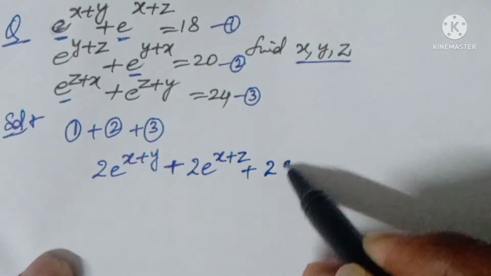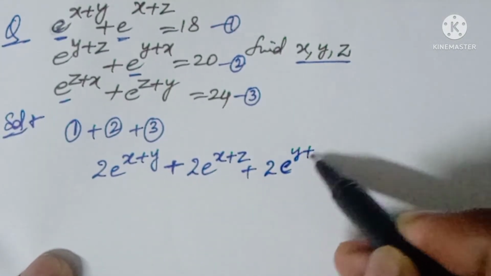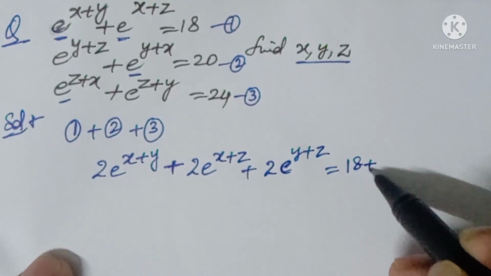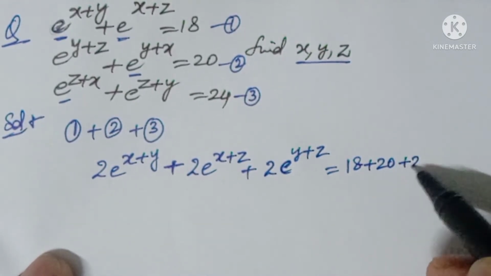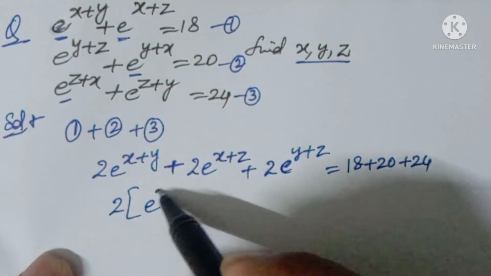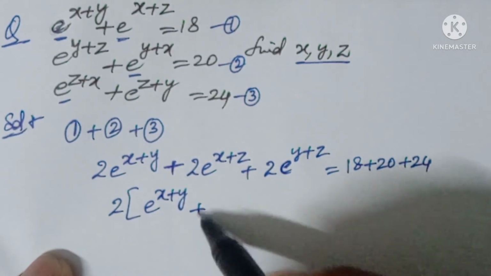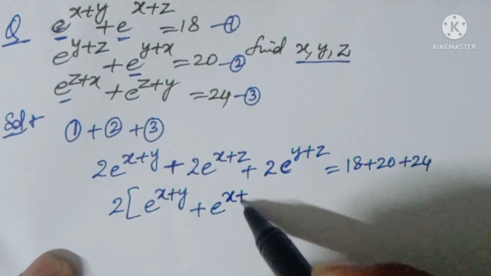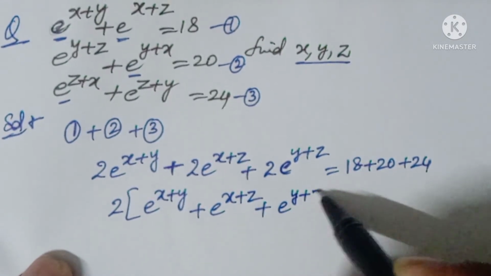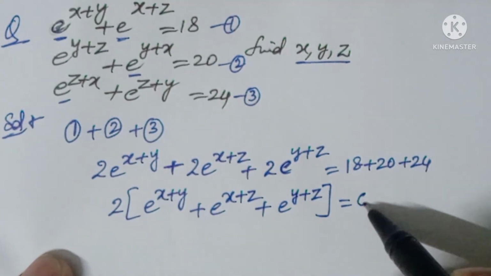Similarly, 2 times e to the power of y plus z is equal to 18 plus 20 plus 24. So taking 2 common, e to the power of x plus y plus e to the power of x plus z plus e to the power of y plus z is equal to 62.